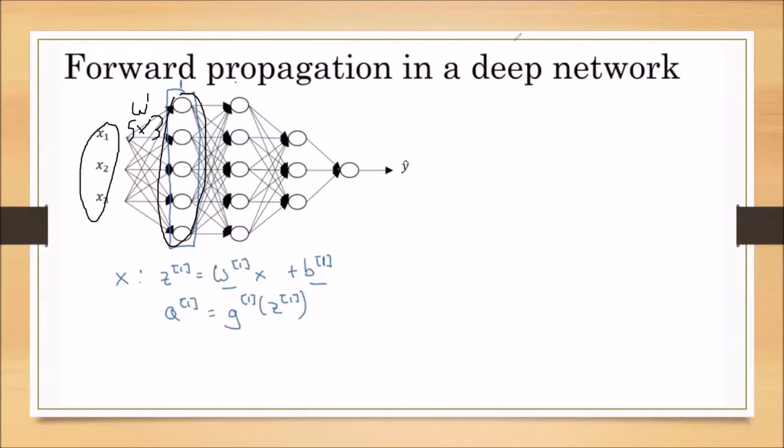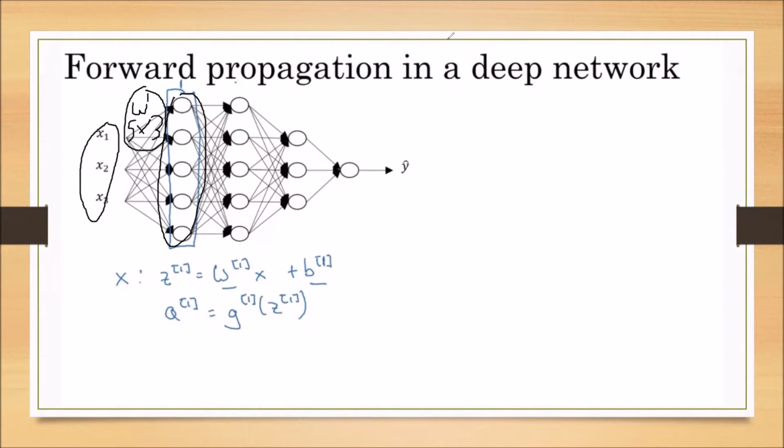Remember, this W1 matrix size will not change even if we implement it for M training samples, because only the neural network structure, the number of activation units, decides the W matrix size.